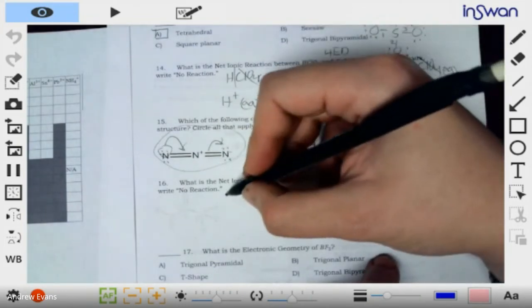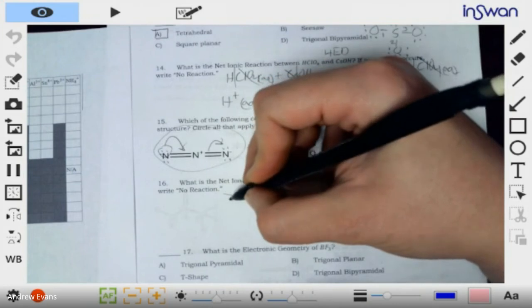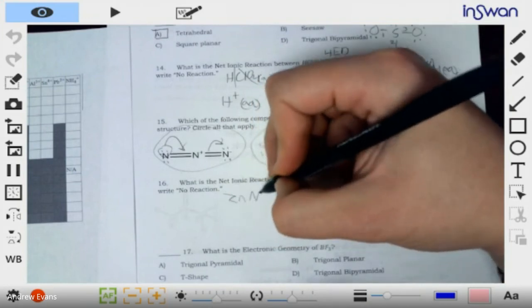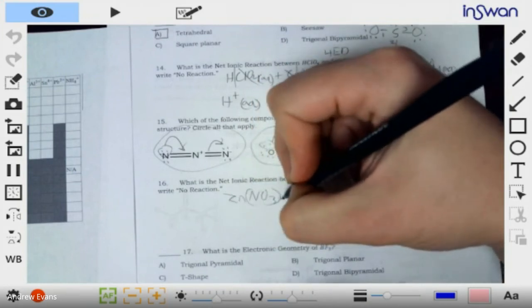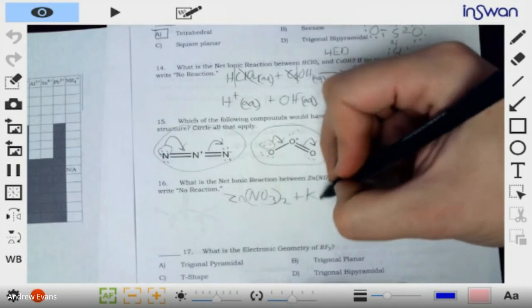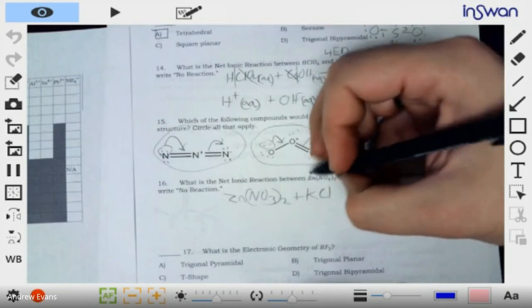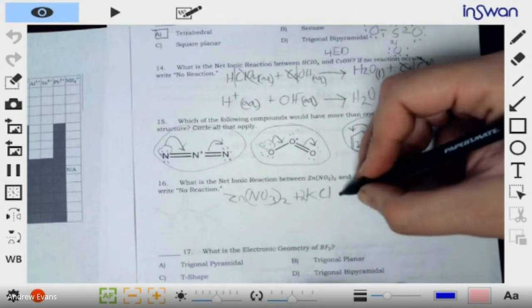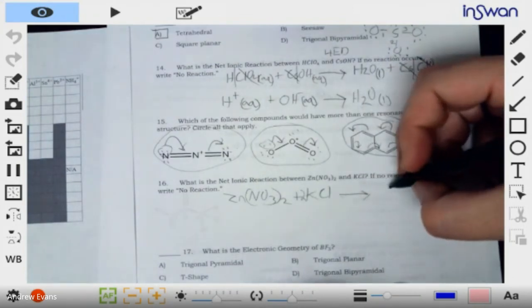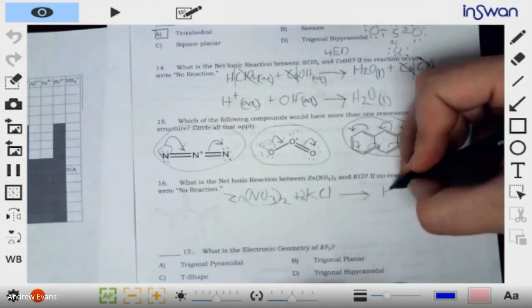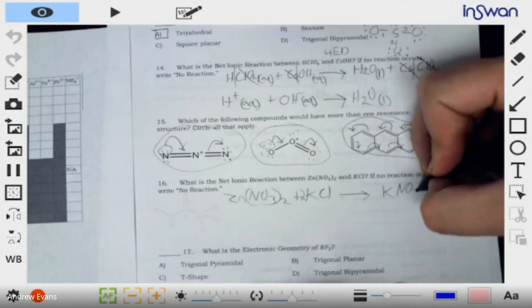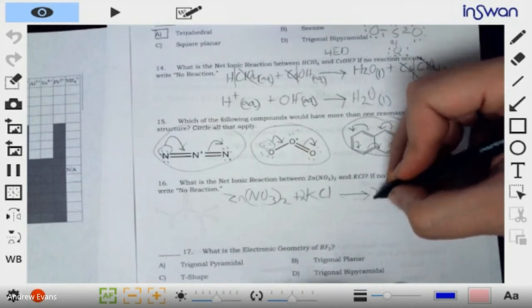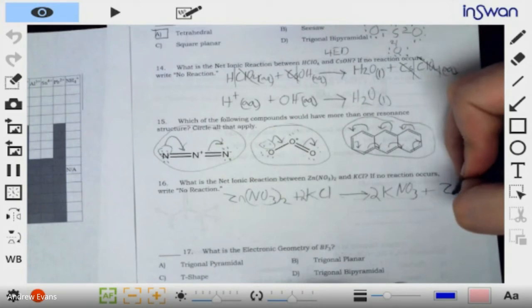Okay, moving right on. Net ionic again. Zinc nitrate and KCl. I'm going to go ahead and pre-balance this for us. It's going to give us KNO3 and zinc chloride.